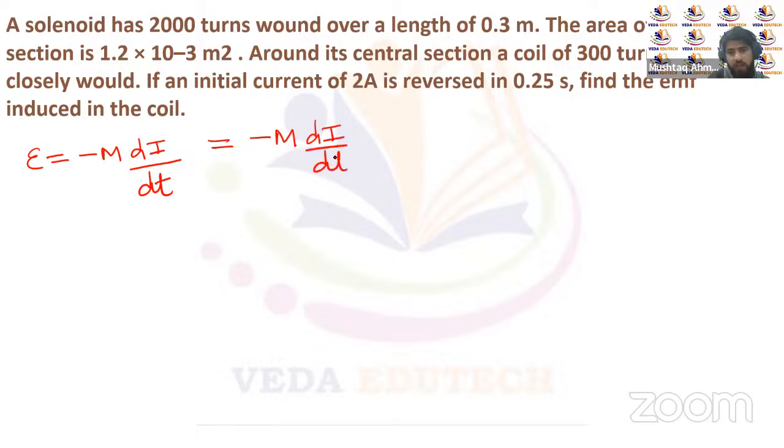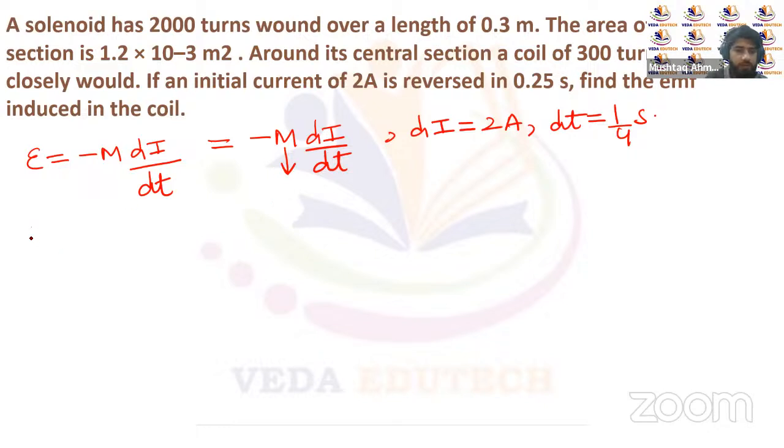Now it's given that the change in the current is 2 ampere, in a time span of 0.25 seconds, or we can write it as 1 upon 4 seconds. To calculate the EMF, we have to calculate the value of this mutual inductance.